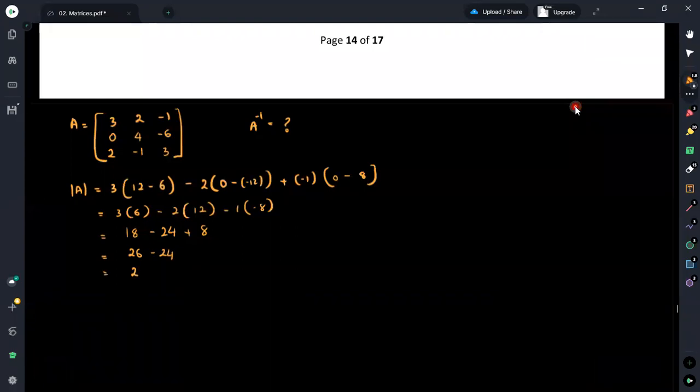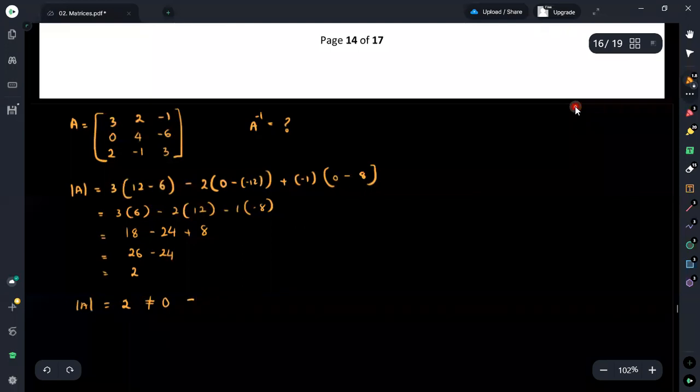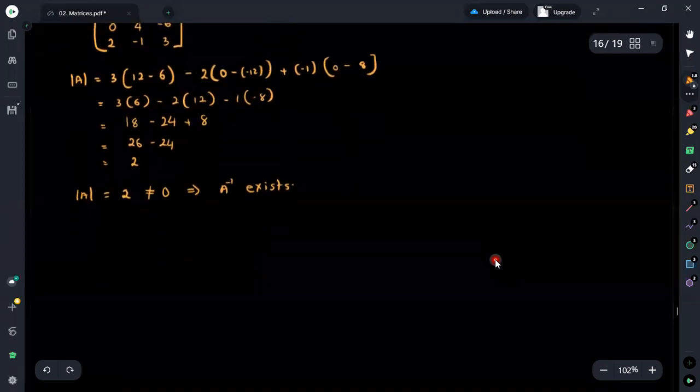Therefore, the determinant of A is 2, which is different from 0. Therefore, we can say that A inverse exists.